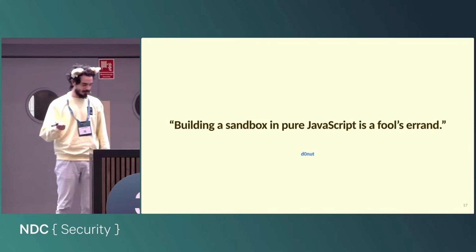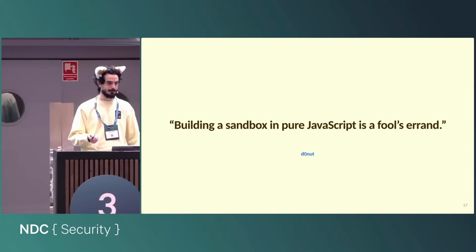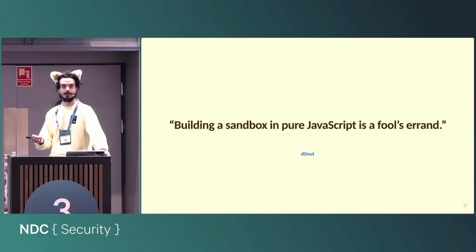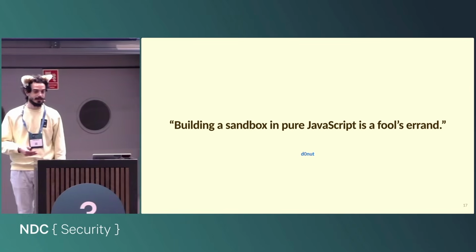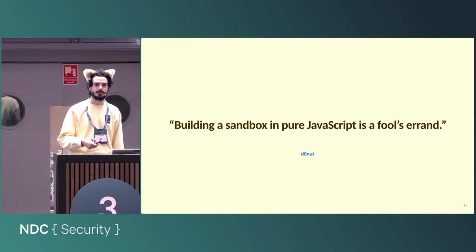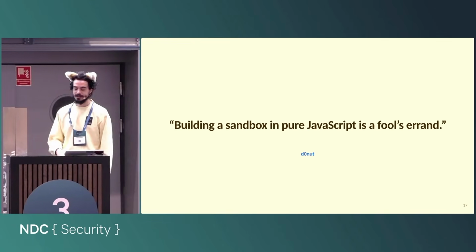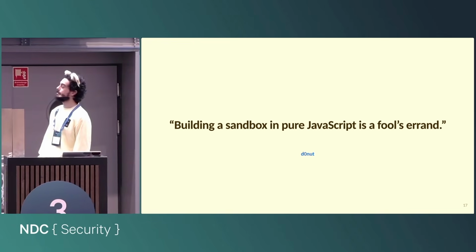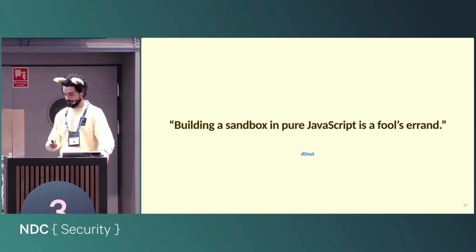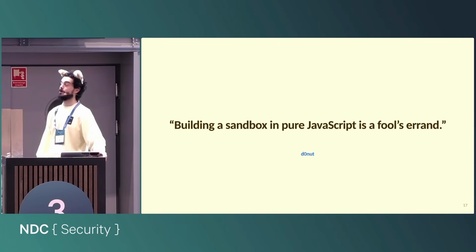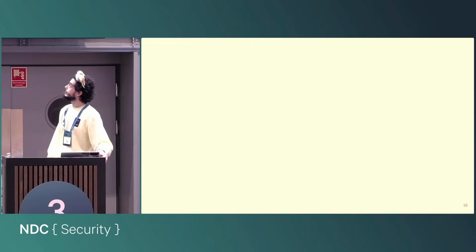Some popular sandbox libraries in JavaScript are, for example, VM2. And if you open the security tab on their GitHub repo, they have 10, 12 CVEs just for sandbox bypass. So writing a solid sandbox in JavaScript to control JavaScript code is not easy.